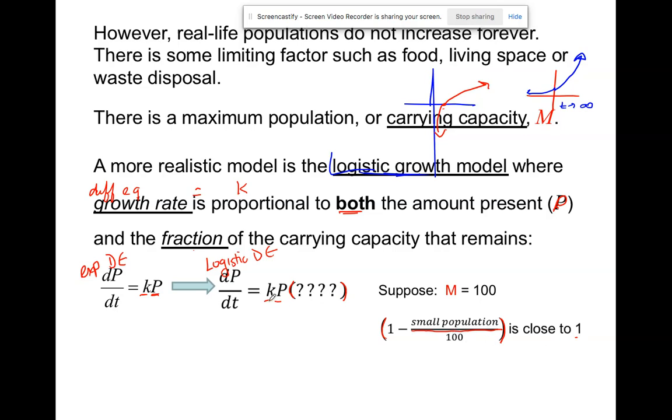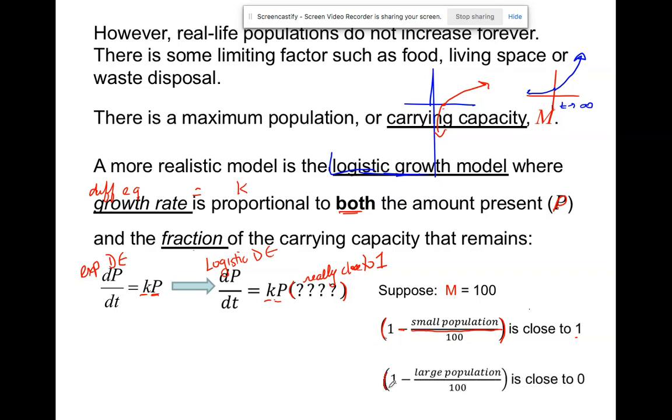So you would be multiplying kp not times 1, but something really close to 1. Which means the logistic differential equation is going to look very similar to the exponential one because you're multiplying it by something really close to 1. But it is smaller than 1, right? That's the minus. So there is going to be a slowing of the growth rate.